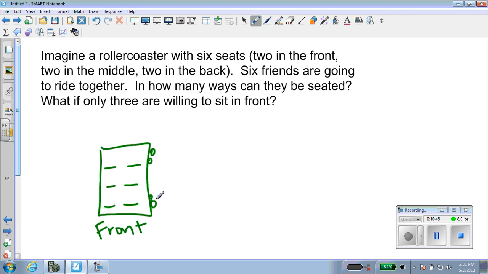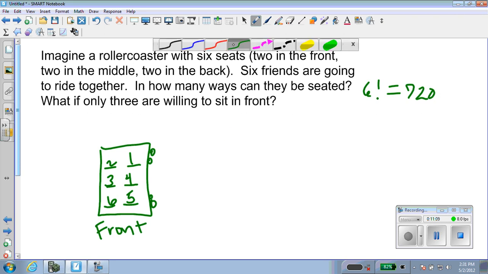Okay, 6 friends are going to ride together, and how many ways can they be seated? Great. Any one of the 6 could be here, 5, 4, 3, 2. I'm just writing those numbers in randomly. But in a sense, the first question I'm going to do is just 6 factorial, which is 720.